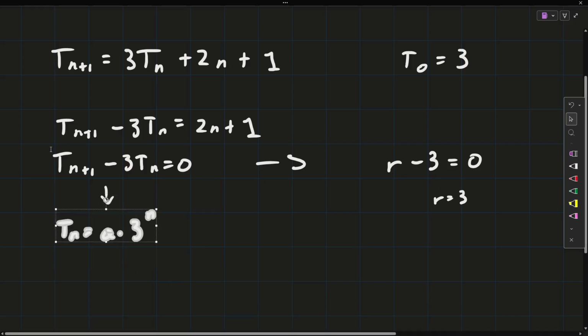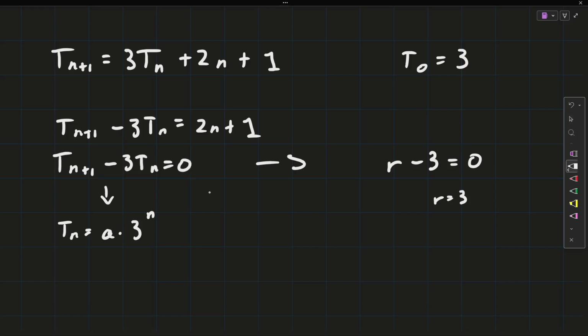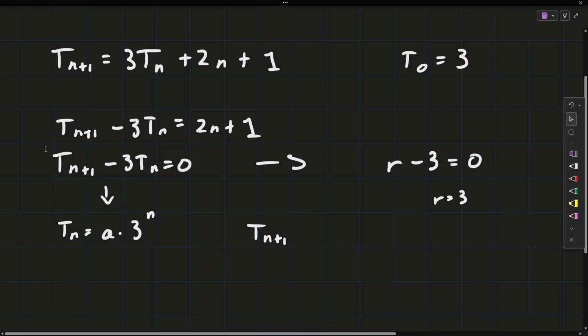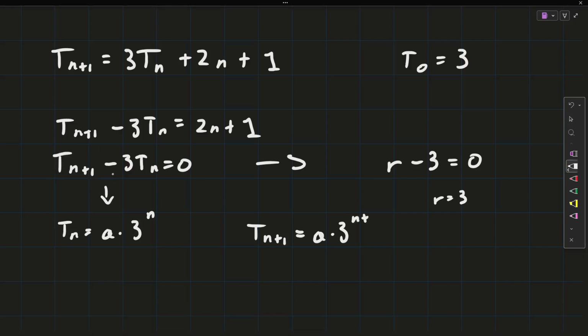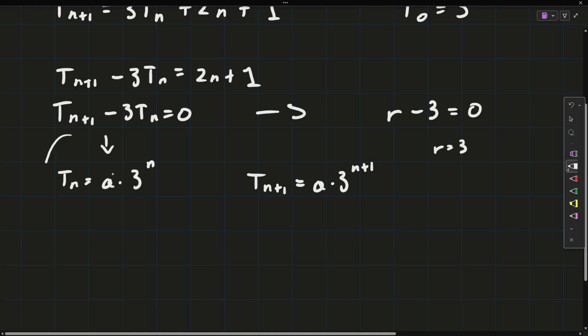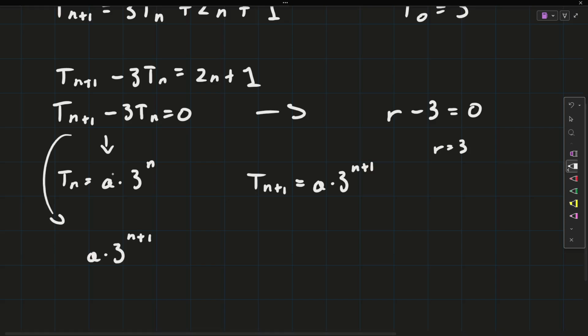Let's check that real quick. If this is true, we should be able to sub it in here and it will be correct. We need to figure out what tn plus 1 is. So tn plus 1 would be a times 3 to the power of n plus 1. Now let's sub in. We get a times 3 to the power of n plus 1, that's tn plus 1, minus 3 times tn, which is a times 3 to the power of n.